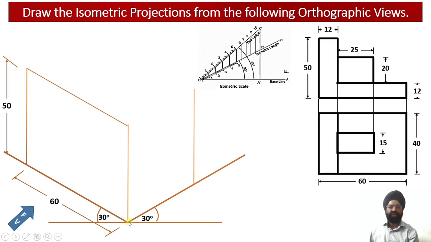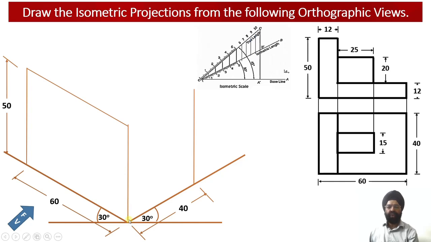In order to construct the right hand face of the solid, we know that the width of the solid happens to be 40 millimeter. So we have drawn the width of the solid equal to 40 millimeter, and the height of the solid happens to be 50 millimeter.